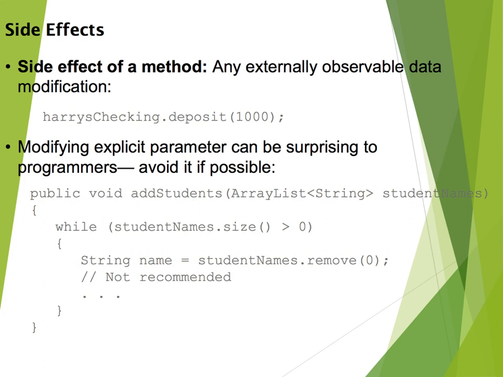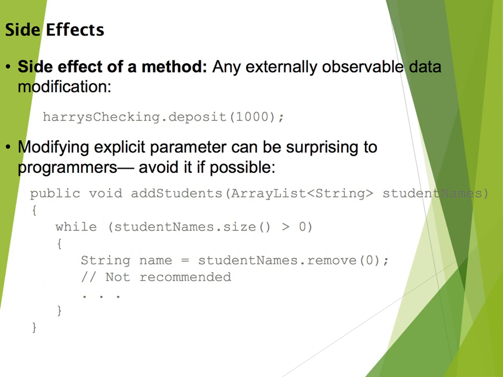So changing the balance is one of the side effects of deposit. Usually modifying an explicit parameter is not recommended because it is surprising to programmers. We strongly suggest to avoid it if it's possible.